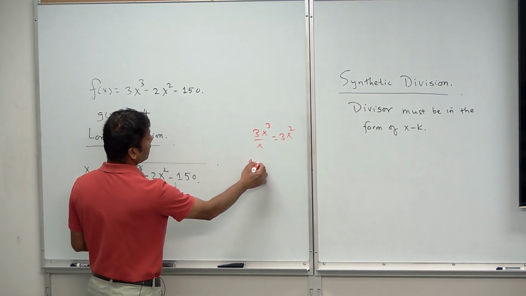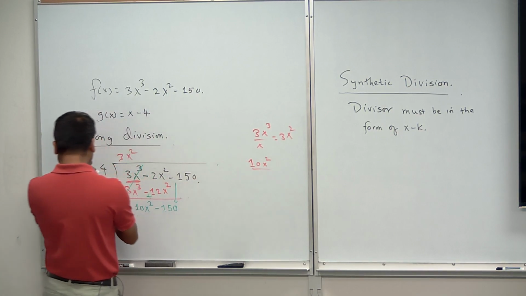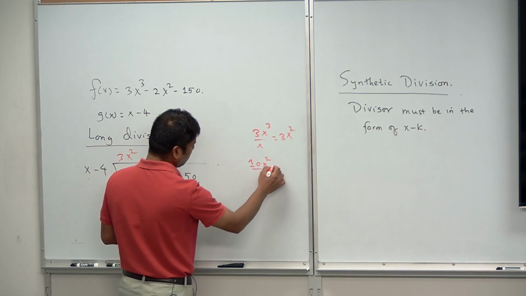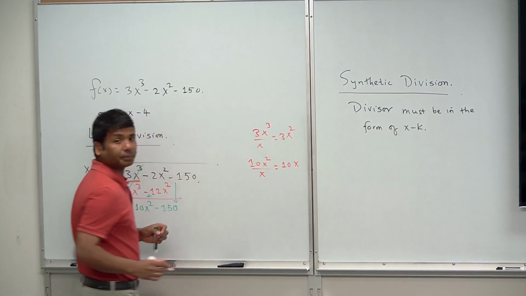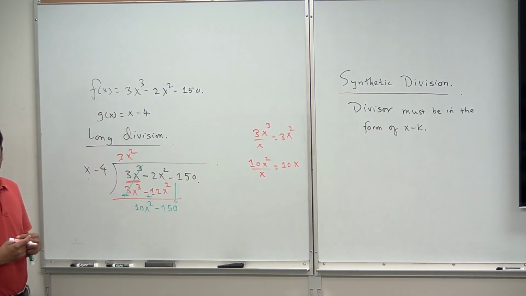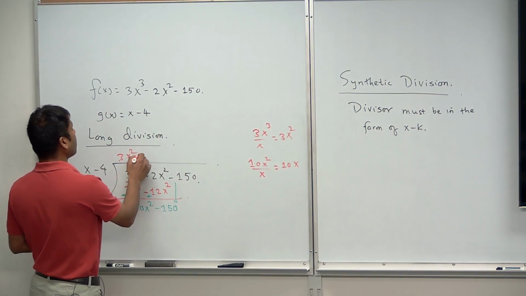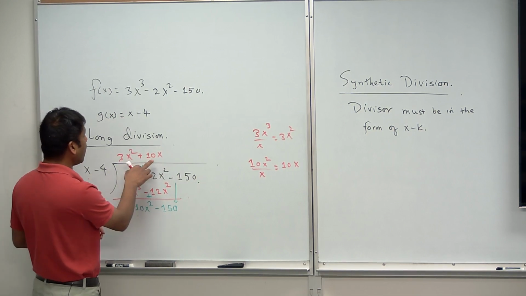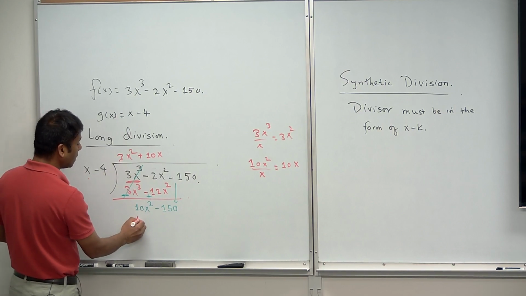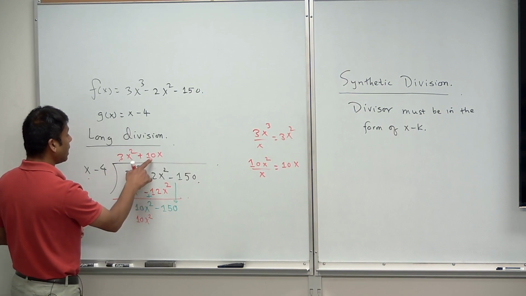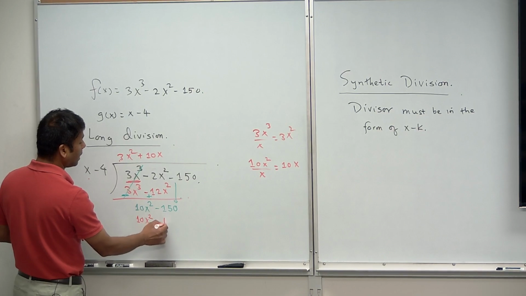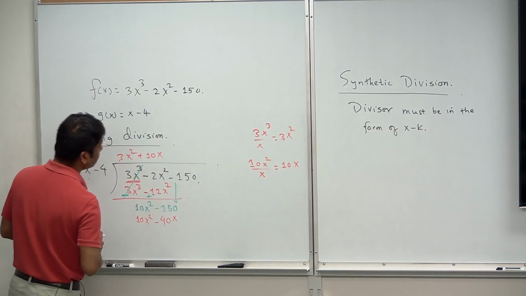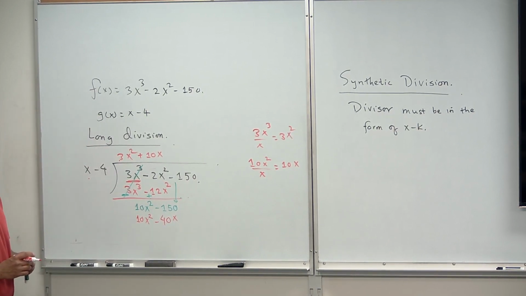So you have a 10x squared, and you divide this by x. So this is 10x. Right? So now you have a plus 10x here, and you multiply x minus 4 by 10x. So 10x times x is 10x squared, and 10x times negative 4 is negative 40x. Does that make sense, guys?